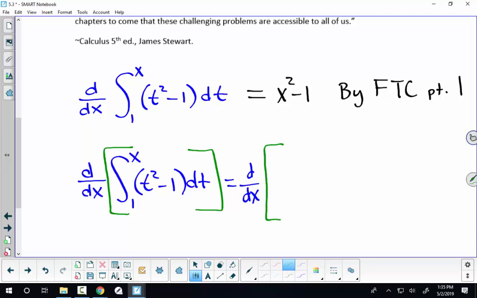It's t cubed over 3 minus t. And we're evaluating that from 1 to x.